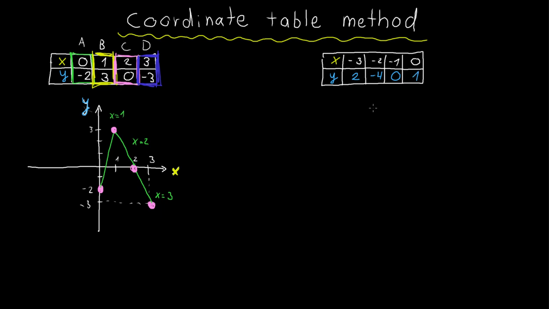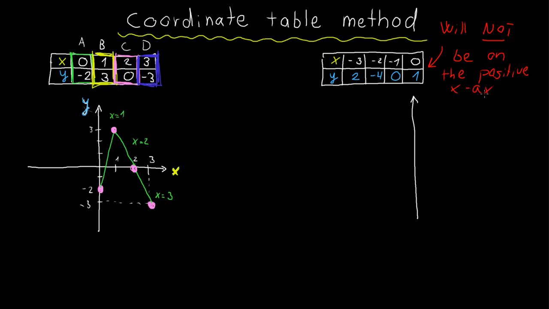Now, a cool trick when you want to save space: this line that we will make will not be on the positive x-axis.